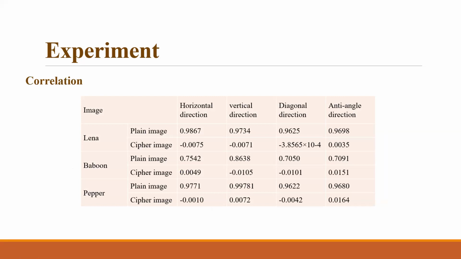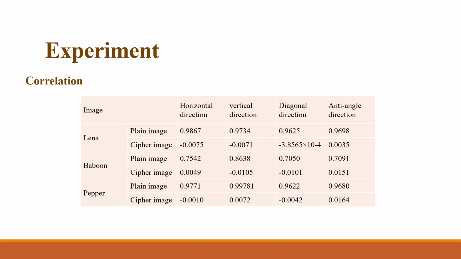Generally speaking, plain images have strong correlations in four directions: horizontal, vertical, and diagonal and anti-diagonal, while cipher images have weak correlations in all directions. We select 5,000 pixels in the Lena image, Baboon image, and Pepper image, respectively, and calculate the pixel correlation coefficient R in four directions.